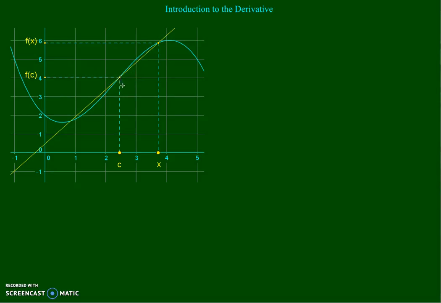So that gives us a slightly different form of our limit definition of derivative: the limit as x approaches c of f of x minus f of c. This f of x value minus the f of c value gives us the difference of the y's, divided by the difference of the x's, which is simply x minus c.